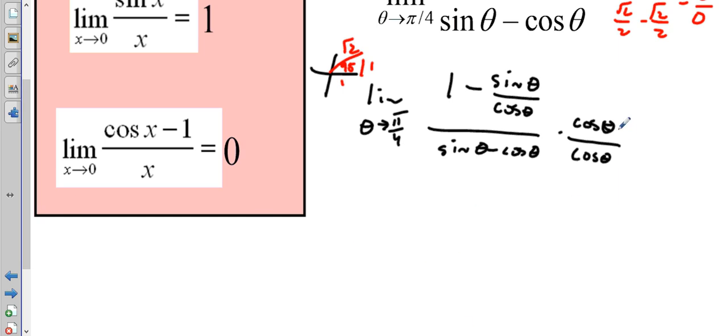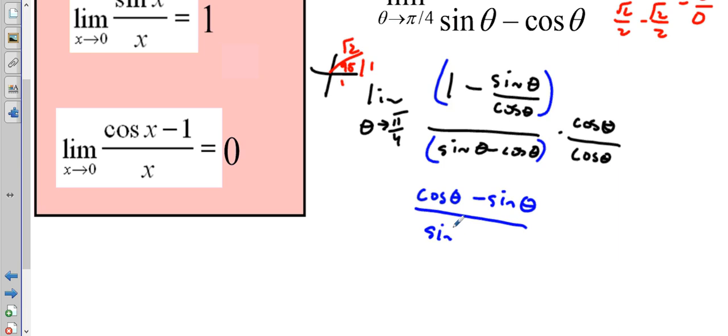You distribute this right here. So what we have is cosine of theta minus, where cosines cancel out, we're left with sine of theta, all over sine of theta minus cosine of theta, and that's times cosine.